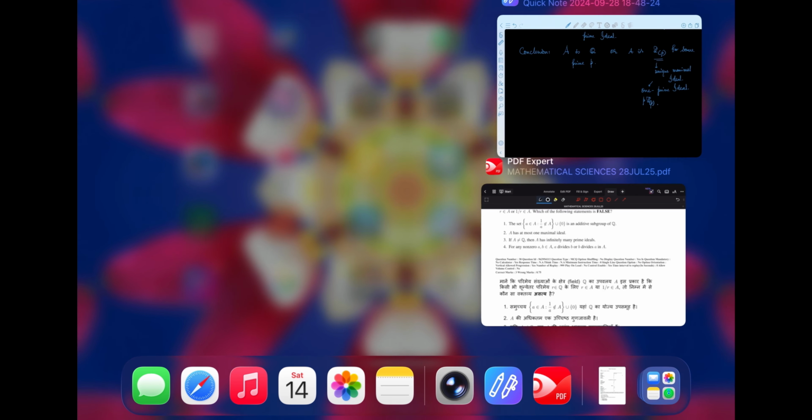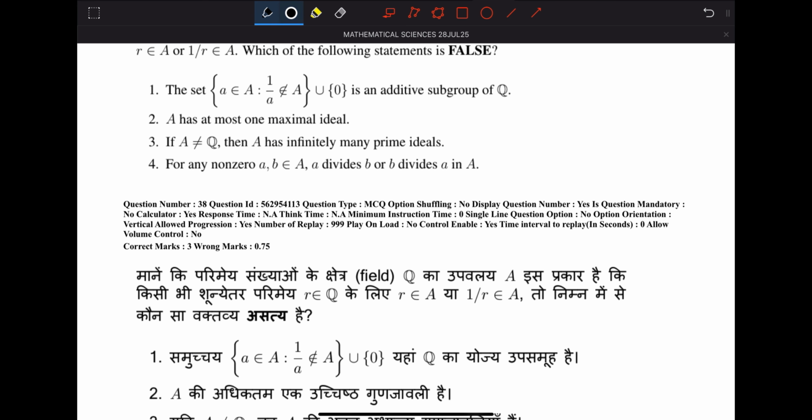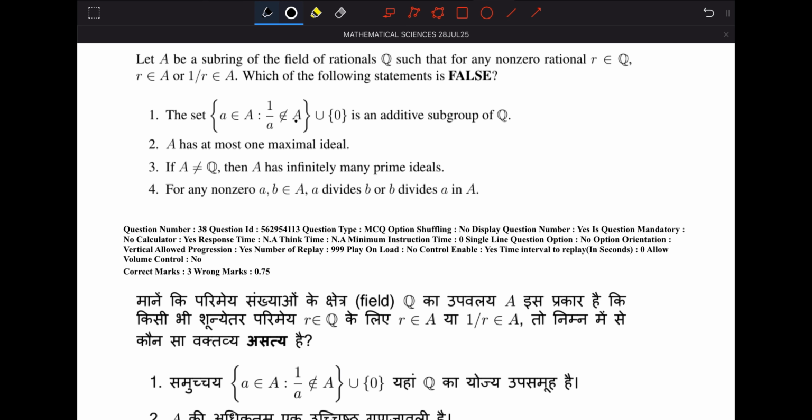So that means, returning to our question, which one of the following statements is false? As we showed, if A equal to Q, this set is 0, and if A equal to Z localized at P, the set is pZp.